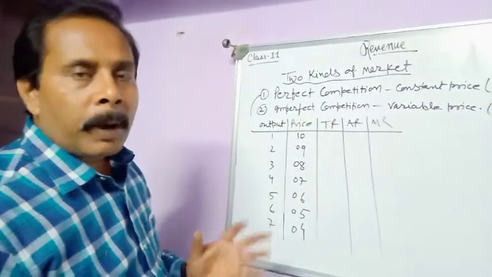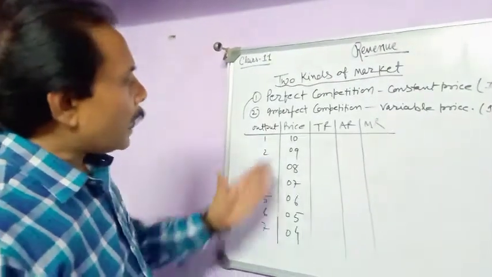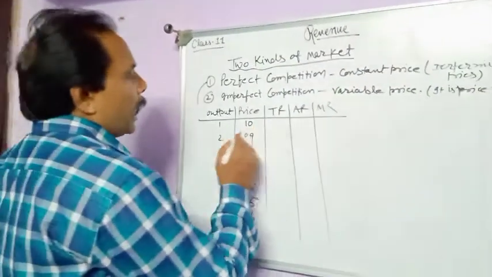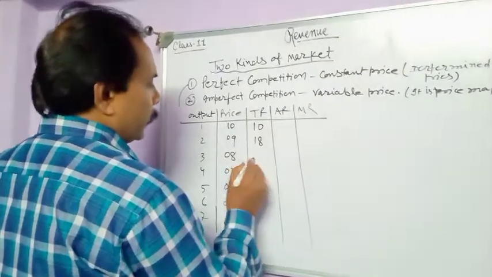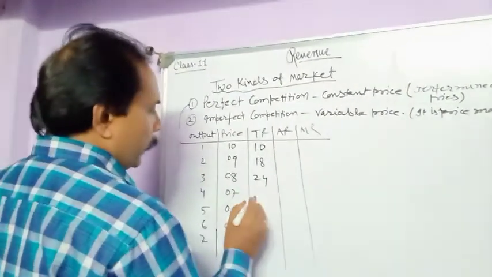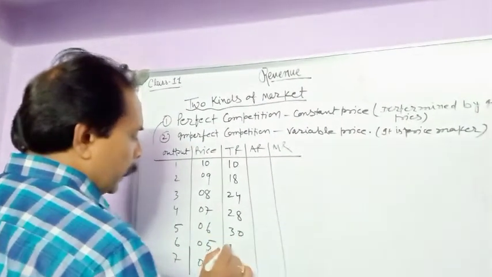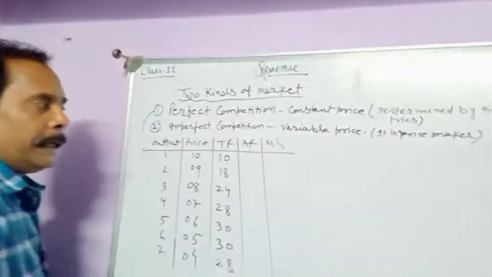The market can be captured by reducing the price, and that's why the price falls. So TR is 10, here 18, here 24, here 28, here 30, again 30, and once again 28.